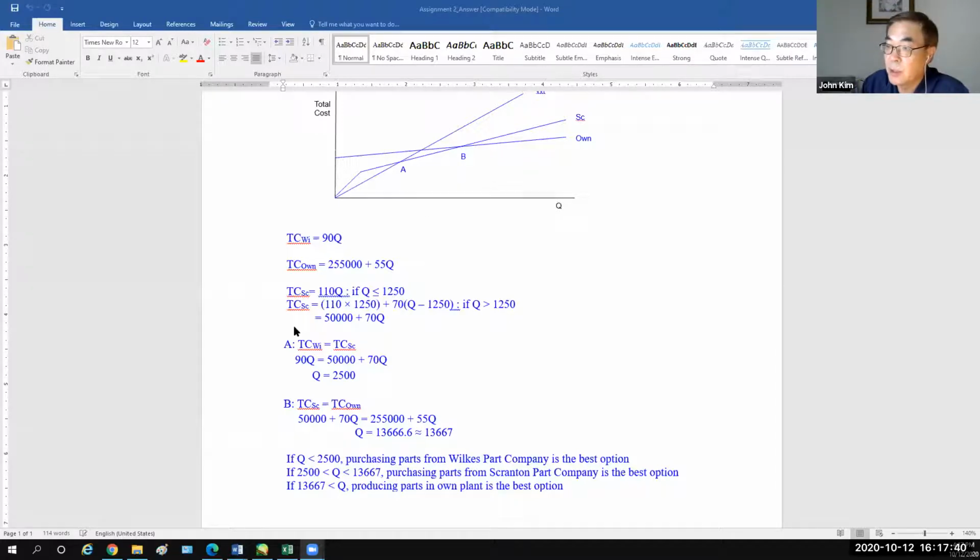So equalize like this, and then simplify for Q. Then you can get this point and this point as numbers. Then based on that, pick the lowest. Okay, any questions so far? Okay, good. And next one.